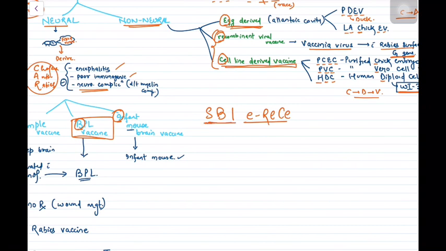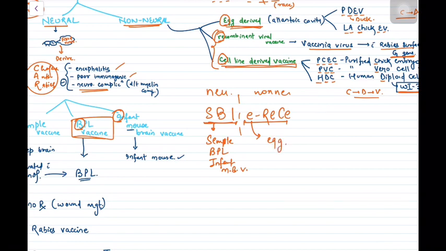So just like everything is going online right now, we have the SBI E-Race. So S for sample vaccine, B for BPL vaccine, I for infant mouse brain vaccine. Then this is the neural component and this is the non-neural vaccine.